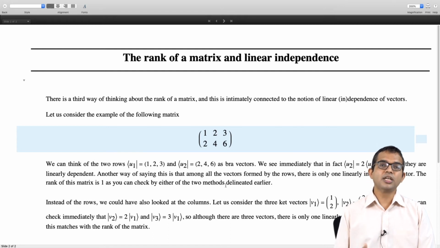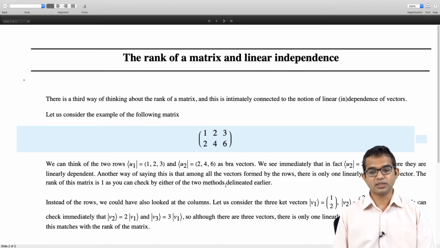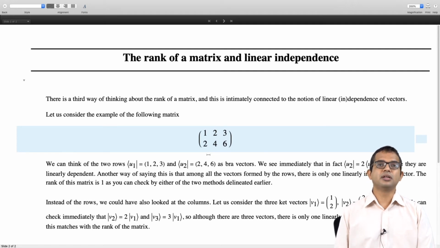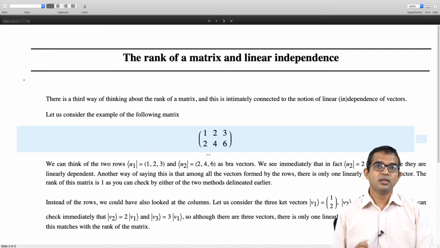So you can ask how many linearly independent column vectors are there in this matrix, and it turns out that the answer is going to be 1, because we have already seen that there is only one linearly independent row in this matrix. And so it's a theorem really that for any matrix, the number of linearly independent rows has got to be equal to the number of linearly independent columns.